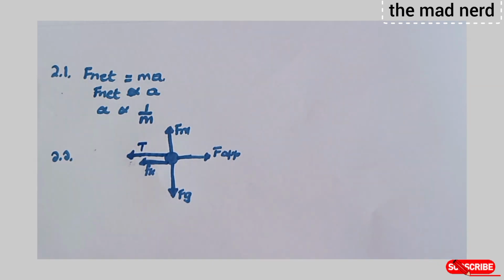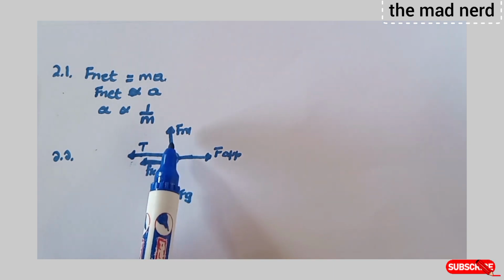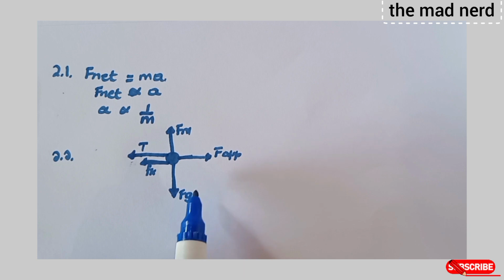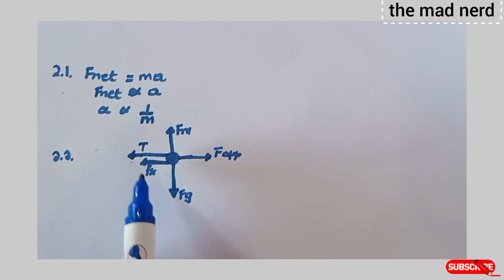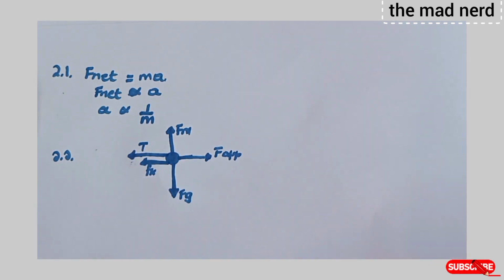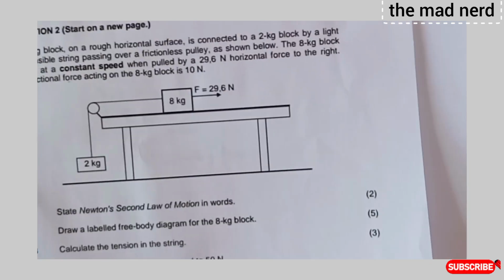If you count these labeled arrows, which stand for the forces: 1, a normal force; 2, an applied force; 3, a gravitational force; 4, the frictional force; and 5, the tension. So let's count: 1, 2, 3, 4, 5. And the marks that I told you about are 5, so the forces are well represented there.